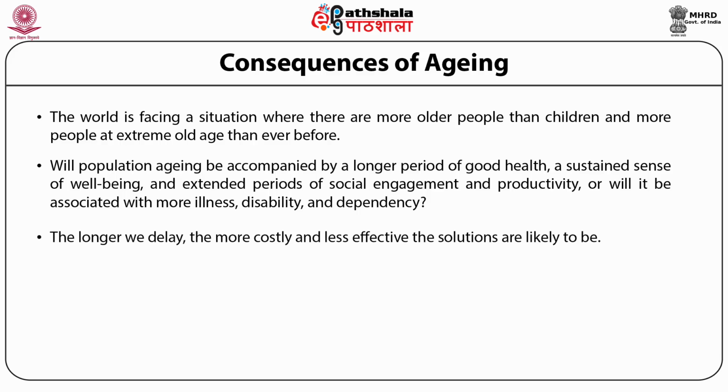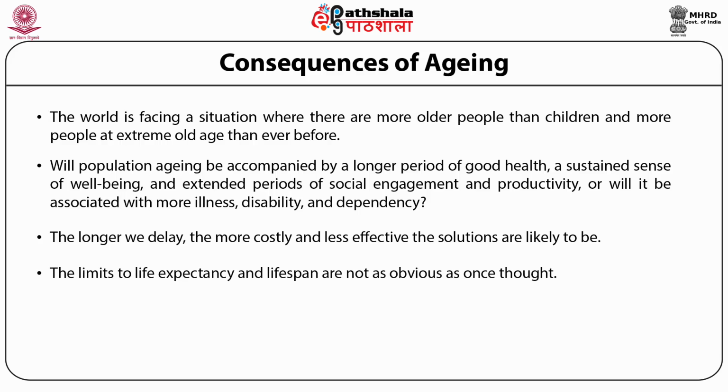The longer we delay, the more costly and less effective the solutions are likely to be. With continuing declines in death rates among older people, the proportion aged 80 or older is rising quickly, and more people are living past 100 years.